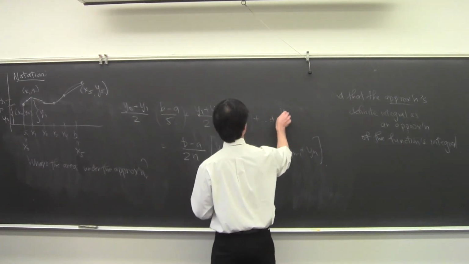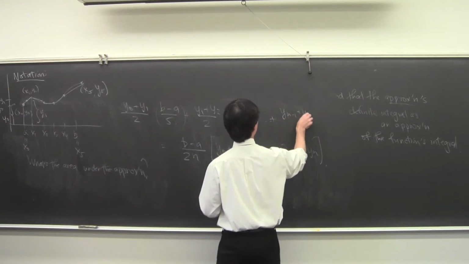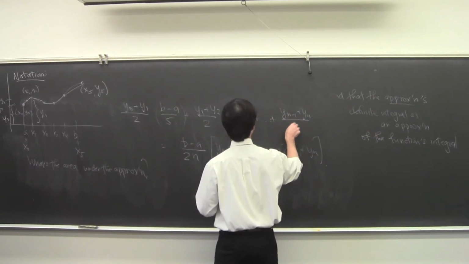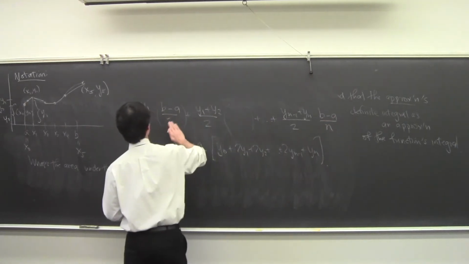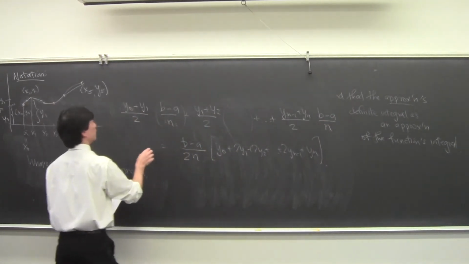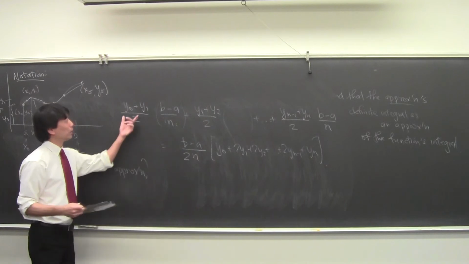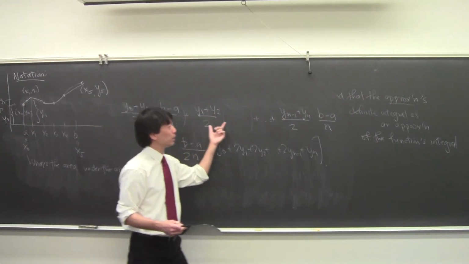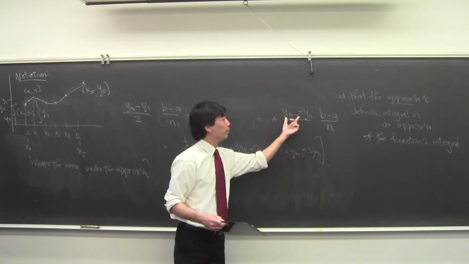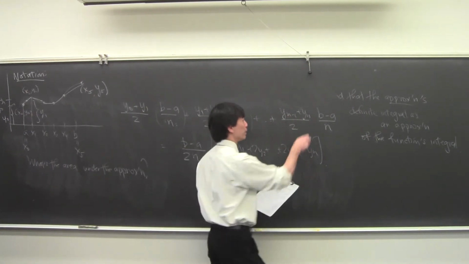Because I get y(n minus 1) plus y sub n over 2 times b minus a over n. Let me make this n instead of 5, just to make it general. Right? You get y0 plus y1 over 2, y1 plus y2 over 2, dot, dot, dot, y(n minus 1) plus yn over 2.